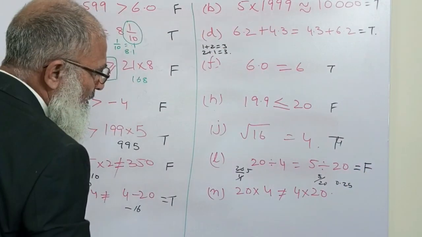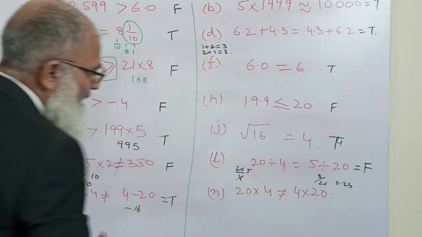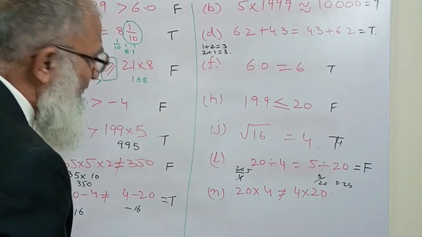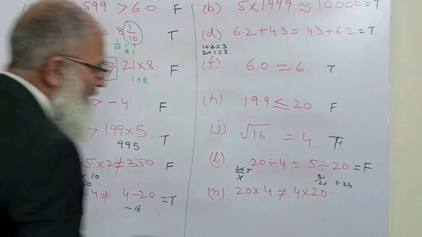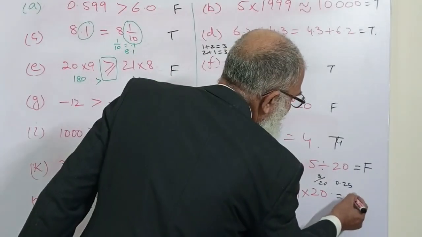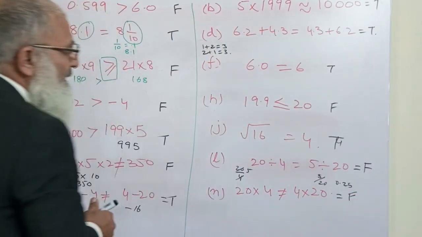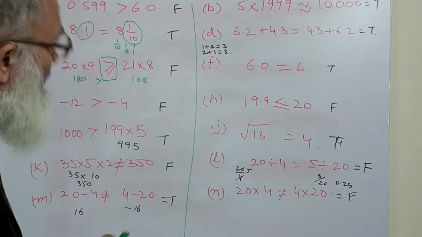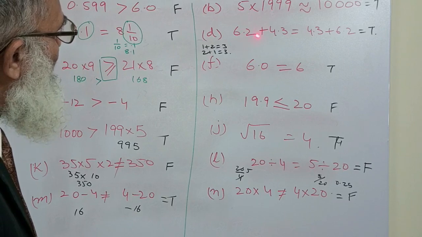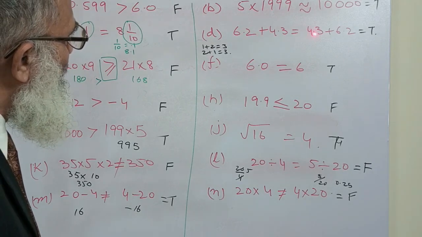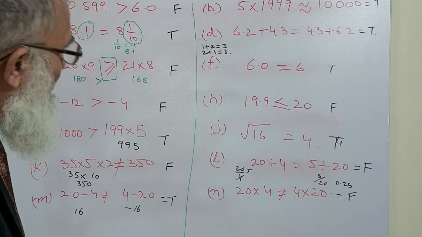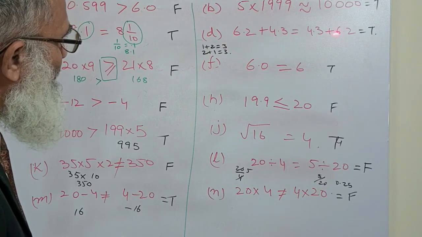And the last is 20 multiplied by 4 and 4 multiplied by 20 are not equal. These are equal. So this is again false. Just like this property in part D, you see 6.2 plus 4.3, 4.3 plus 6.2 is true. Similarly, this was the additive inverse of each other.